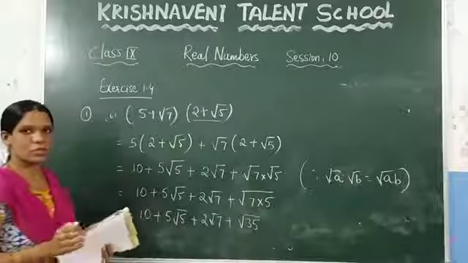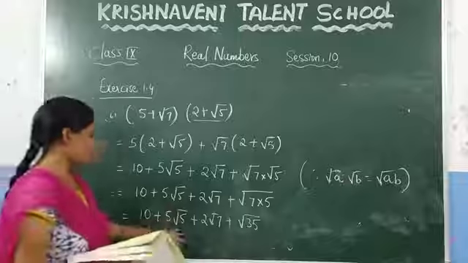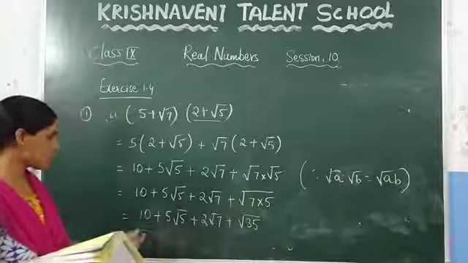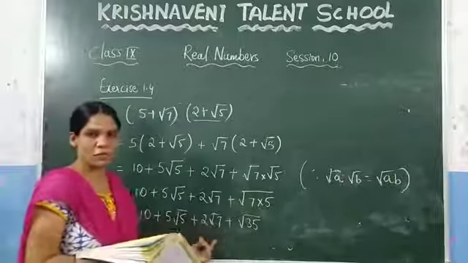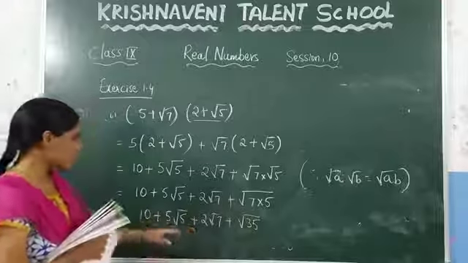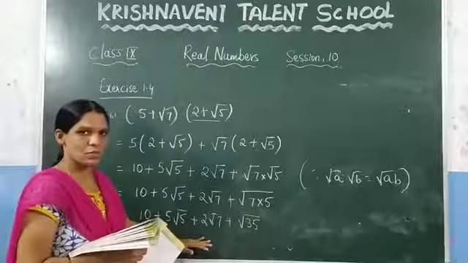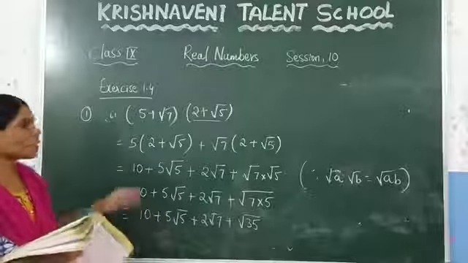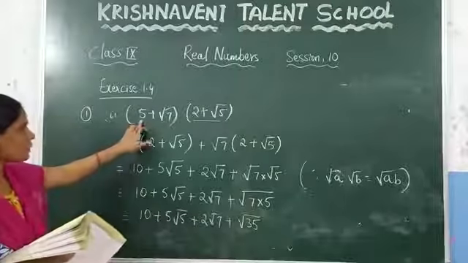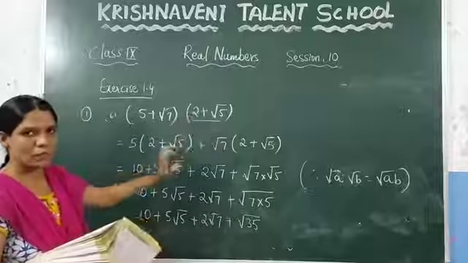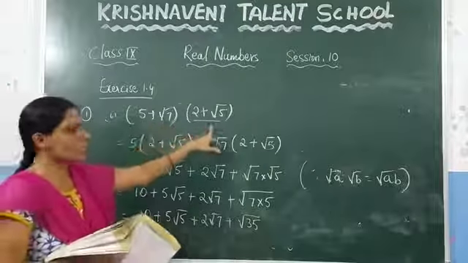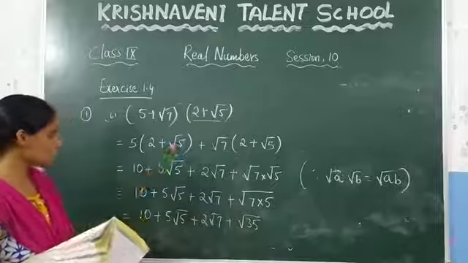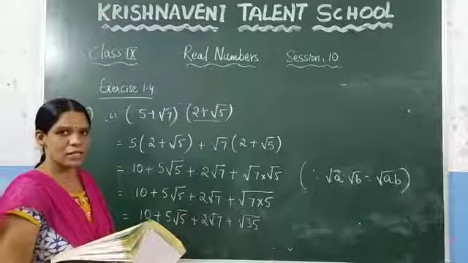Like this we need to solve. After this we cannot calculate further because here the root values are different. If the root values are same we can add. Since here the root values are different, up to this you can leave it. This is the simplification of this problem. How do you solve? Just in the first step you need to multiply 5 with this term, and after that with root 7 you need to multiply this term, and after doing the calculation you will get the answer.